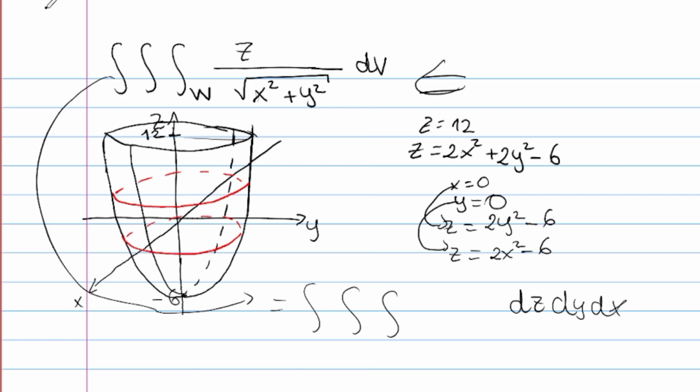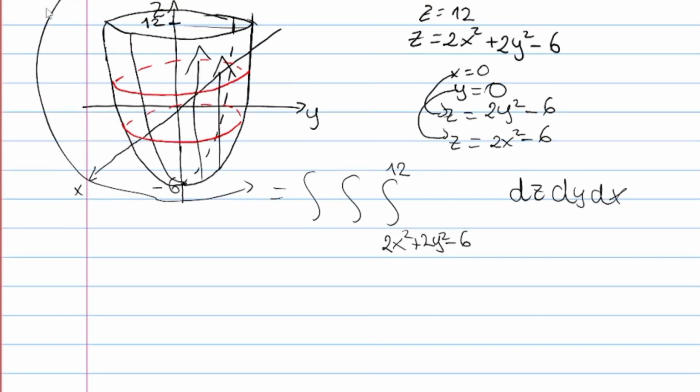The paraboloid here is 2x² plus 2y² minus 6, up to 12, right? Because you're going to do this.